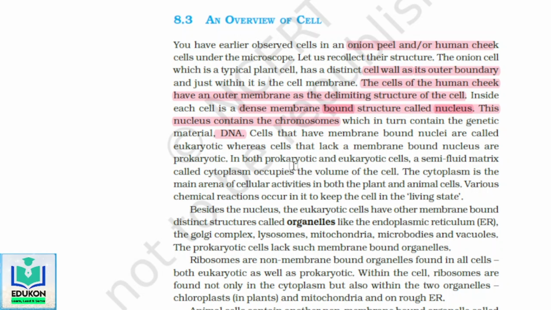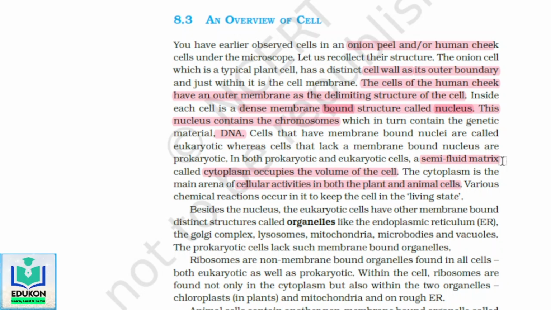In both prokaryotic and eukaryotic cells, a semi-fluid matrix called cytoplasm occupies the volume of the cell. The cytoplasm is common in both cells. The cytoplasm is the main arena of cellular activities in both plant and animal cells, because cytoplasm contains all the organelles which we are about to discuss in the next sections.